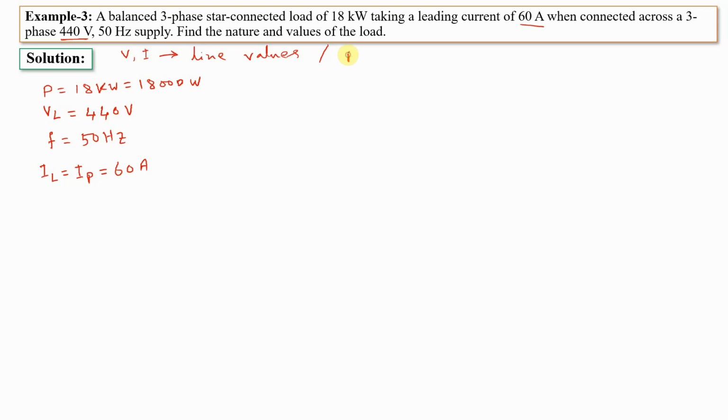Other values, for example resistance, inductance, capacitance, inductive reactance, capacitive reactance, impedance, or power factor, if these values are given in the question, will be considered as the phase values. So during numerical questions, we have to remember these points. Now, in this question, it is given that the current is leading, and the current becomes leading for a resistive capacitive circuit.